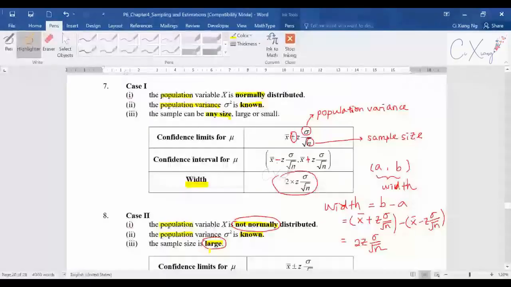Because if the sample size is large, that means the sampling distribution, the sample, is normally distributed, right? So these two are actually tagged together. If it is not normal, then you have to ensure that the sample is large so that the sample is normally distributed. Then for case number 1, because the population is normally distributed already, no matter what kind of sample, large size or small size, it doesn't matter.